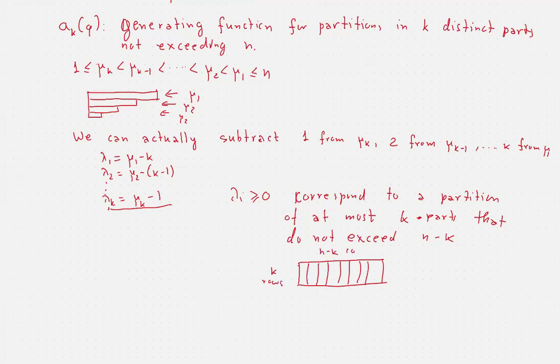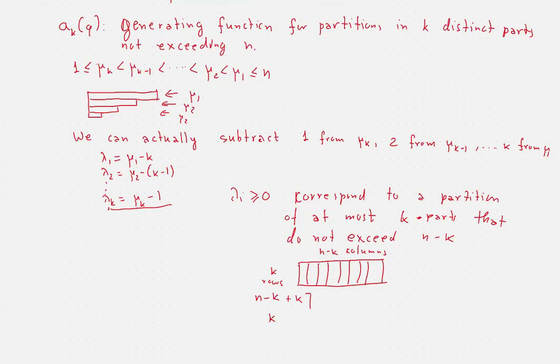And of course, how much is this? This q polynomial is exactly (n minus k plus k) choose k, which is the same as n choose k as a q polynomial.